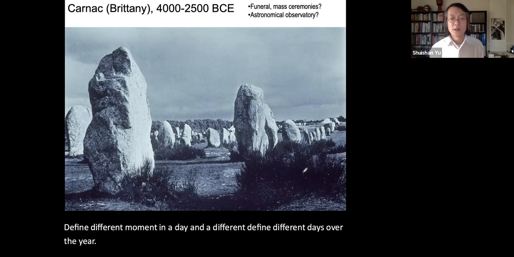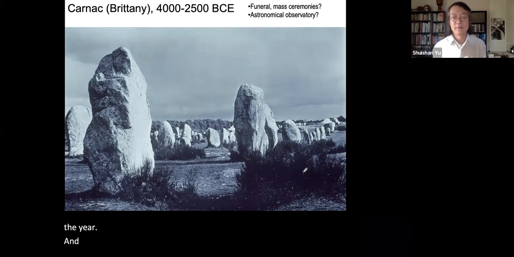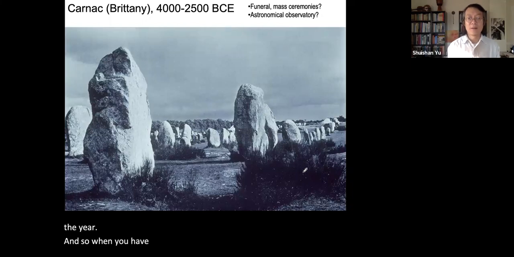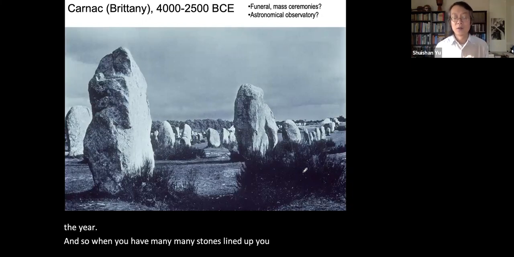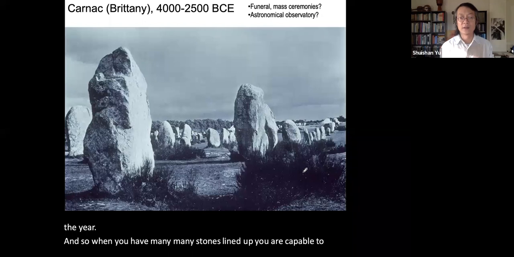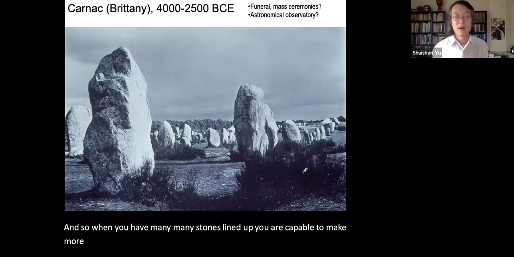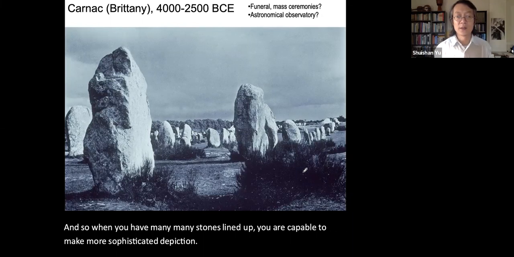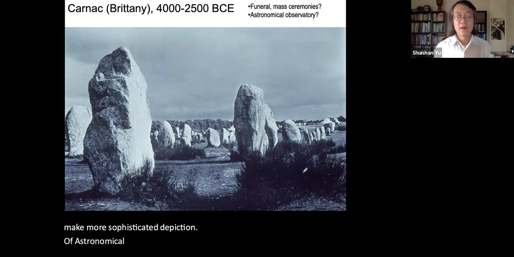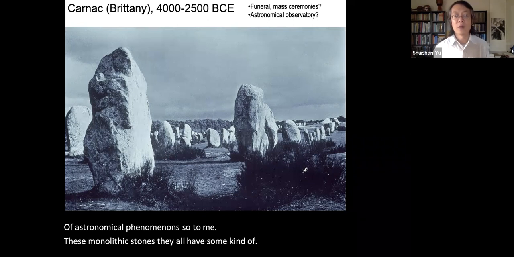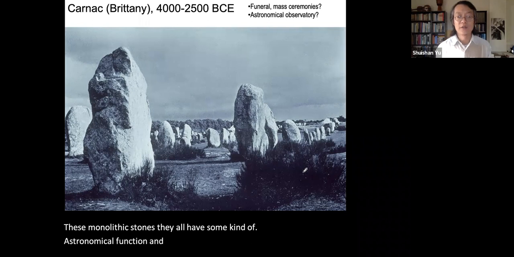And so when you have many stones lined up, you are capable of making a more sophisticated depiction of astronomical phenomena. So to me, these monolithic stones all have some kind of astronomical function, and they are crucial for defining time.